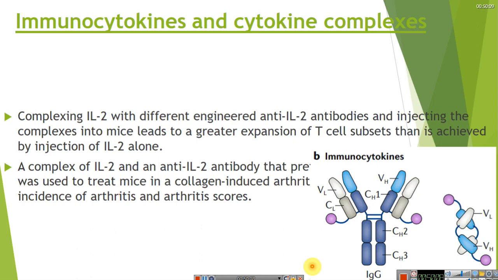As we have studied in autoimmune disorders, IL-2 is responsible for skewing the T cell balance towards Treg cells and alleviating the disease symptoms. So that way we can use these antibodies as vehicles to deliver the cytokines or to suppress the cytokine effect. In both ways we can use these cytokine immune complexes.